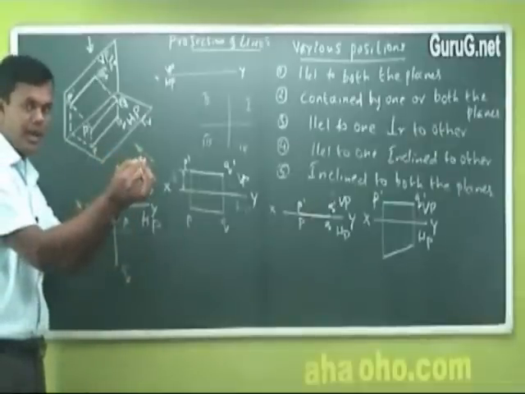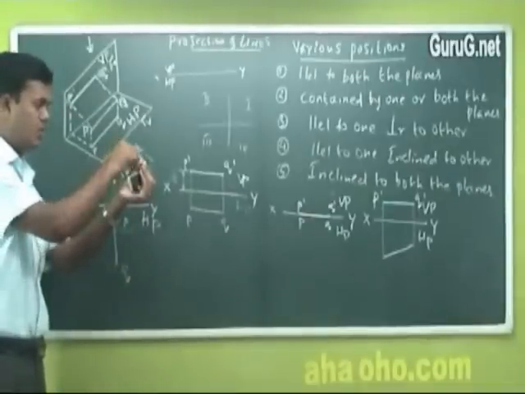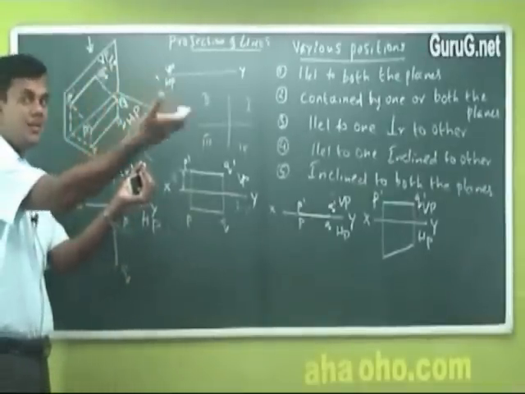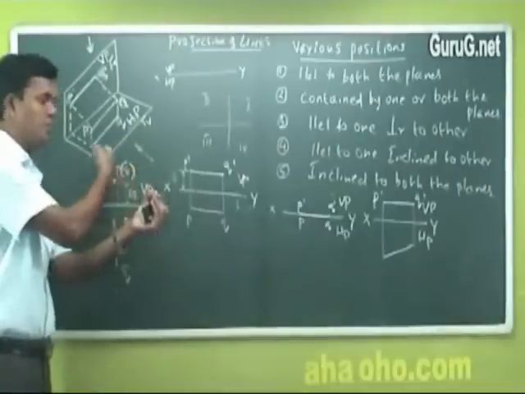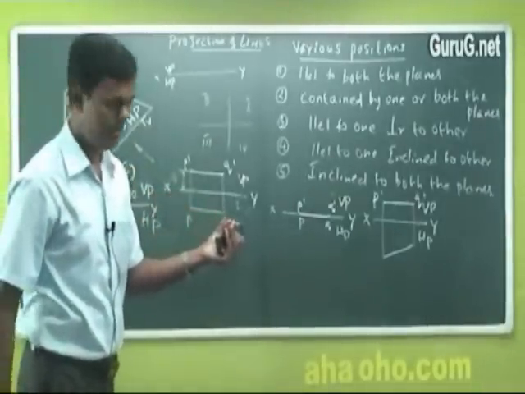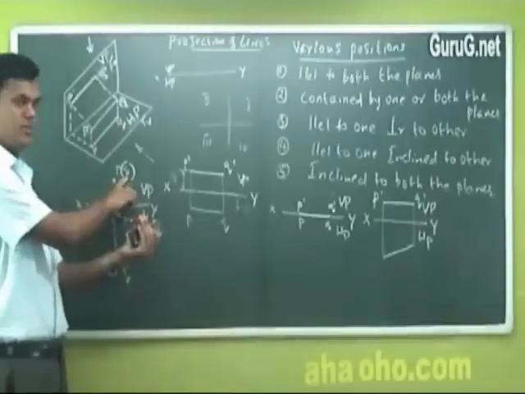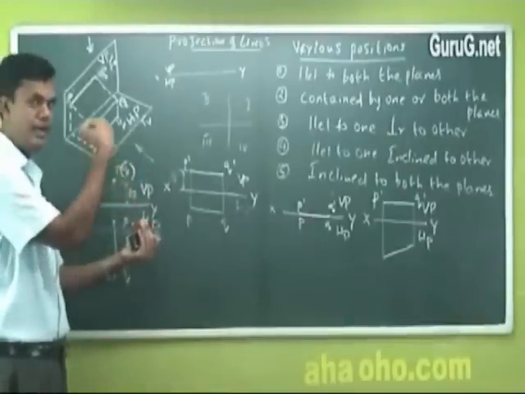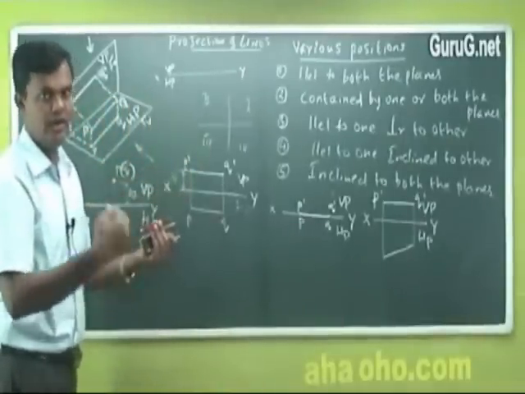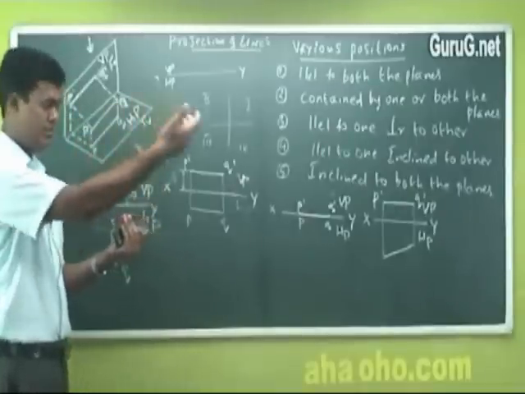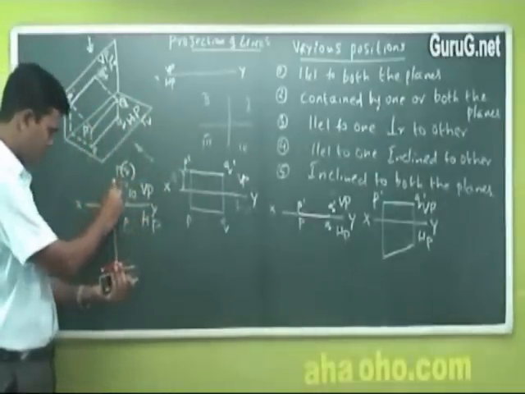The perpendicular line has been written as P and Q, and the back side, which is an invisible point, is denoted within the bracket. Is it clear? Very important to understand: the letter we write inside the bracket means it is invisible or it is behind. Now this becomes what?